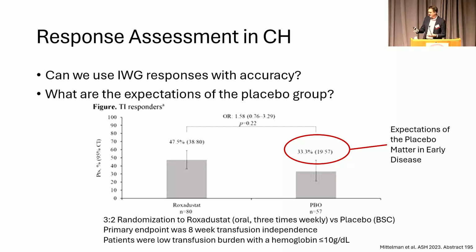So if it's that in an MDS cohort, in clonal hematopoiesis or CCUS, what should we expect the placebo to do? Will patients just have spontaneous improvements? How are you going to know what you're comparing yourself against to say this intervention has benefit and let's do a randomized study?